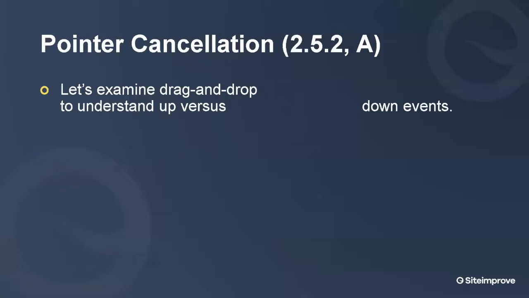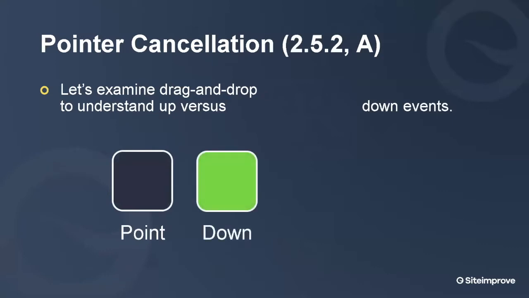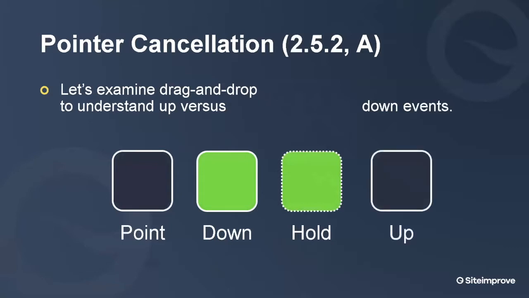Right. So the first thing you do with your mouse when you want to drag and drop is you're going to point your mouse, then you're going to tap down on your mouse, sorry, to select that item. Then you're going to hold your mouse while you're moving it across the screen, and then you're going to let up.